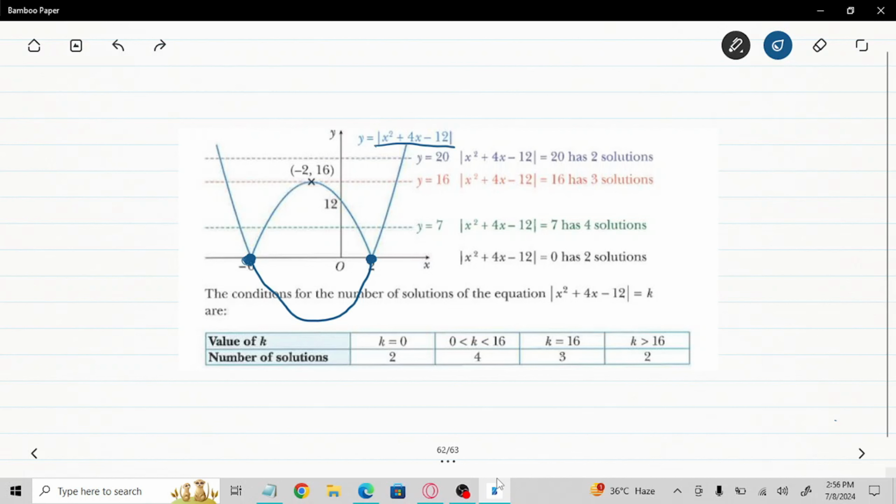Another thing is that when we have the line exactly at the maximum point, the y value passing through that point, then we would have 3 solutions, one here, and one at the maximum or minimum point.